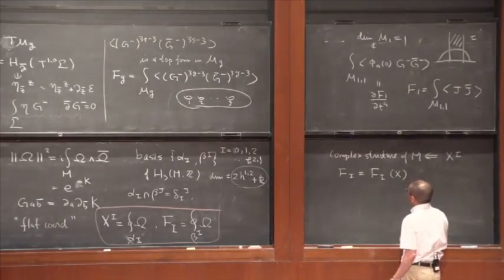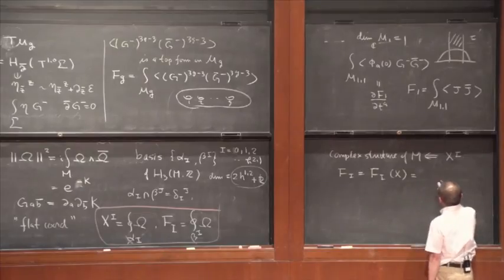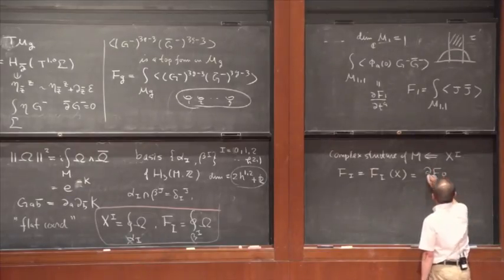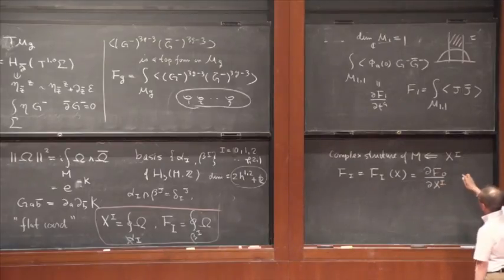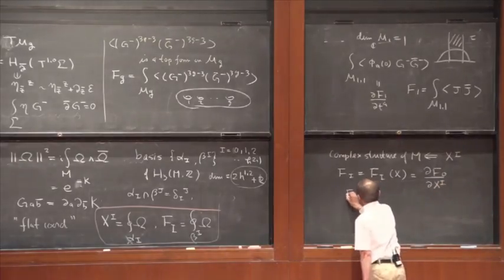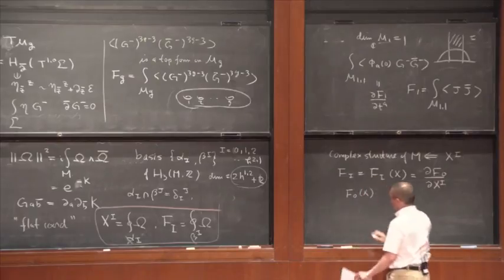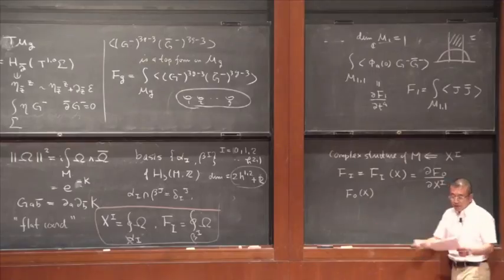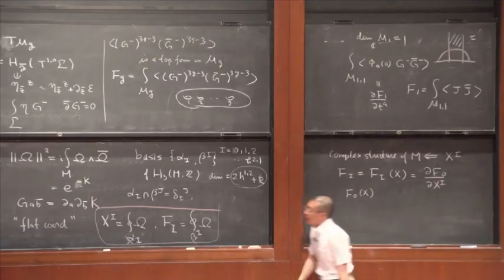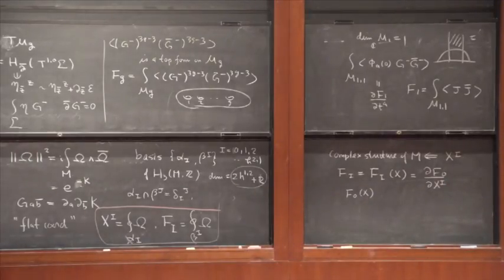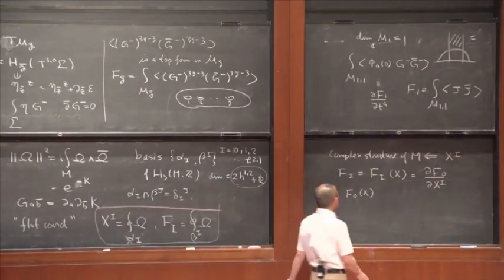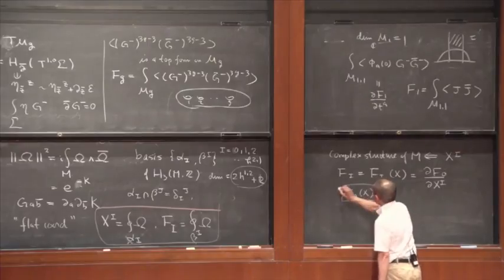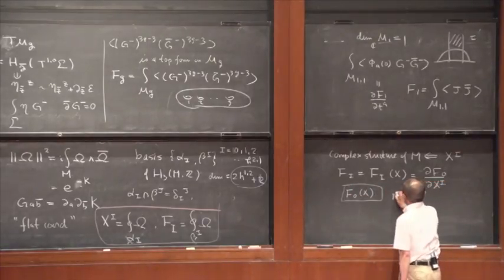It turns out that this fi can also be written as the derivative, with respect to xi, of some universal function f naught. So this is a degree 1 function, so this f naught should be a degree 2 function. And this turned out to be related to the prepotential that I was referring to earlier. So this is going to give you a prepotential.